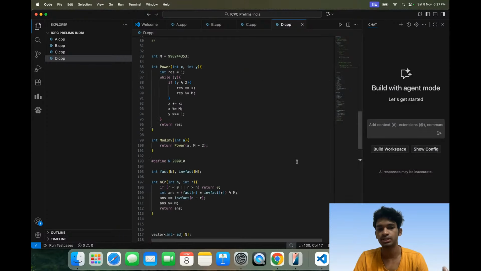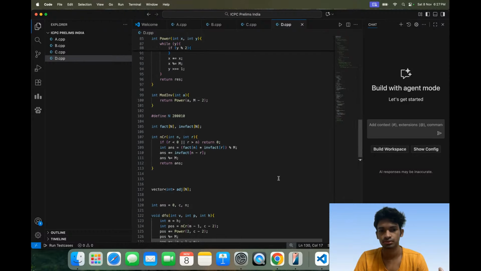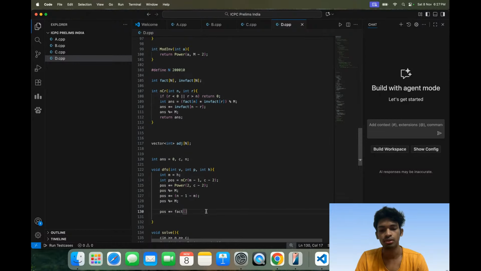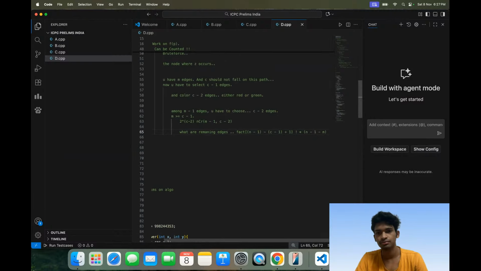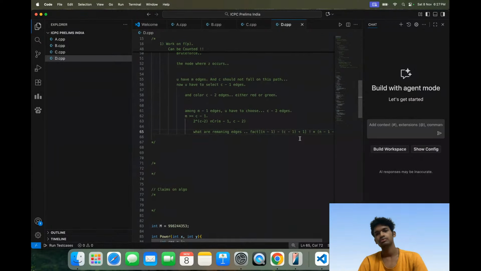You have colored c edges. So now, what are the remaining things? N minus 1 minus c. These are the remaining things, right? Sorry, minus 1. Yeah. This will become minus c plus 1 and then minus 1.